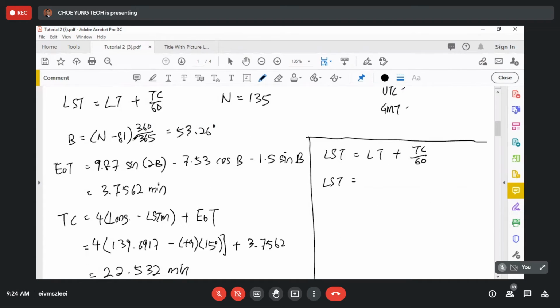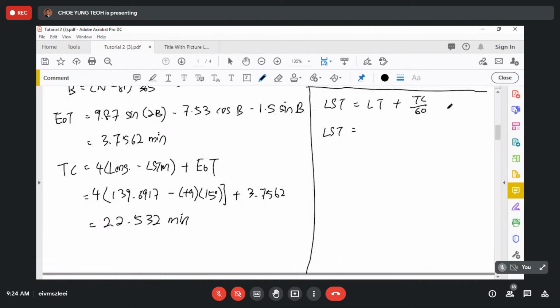So local time is 5 p.m. Let's convert to the 24-hour unit. Up to you, you want to convert or don't convert.